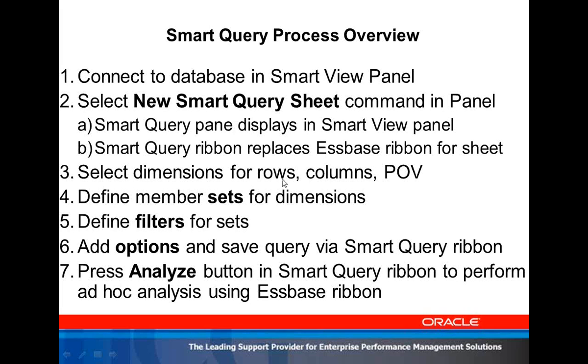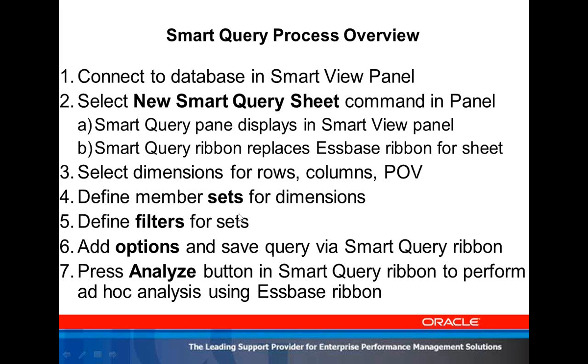Then you're going to select the dimensions for your rows, columns, and point of view. Once you've got those selected, you're going to select the members for those dimensions via these things called sets. Then, if necessary, you're going to create filters for the sets. And then you can add other options and save the query if you want to.